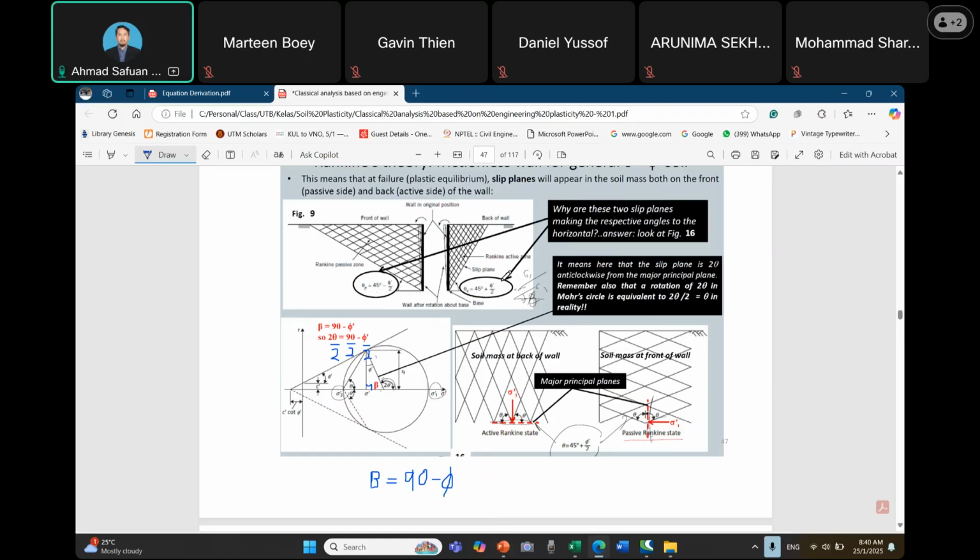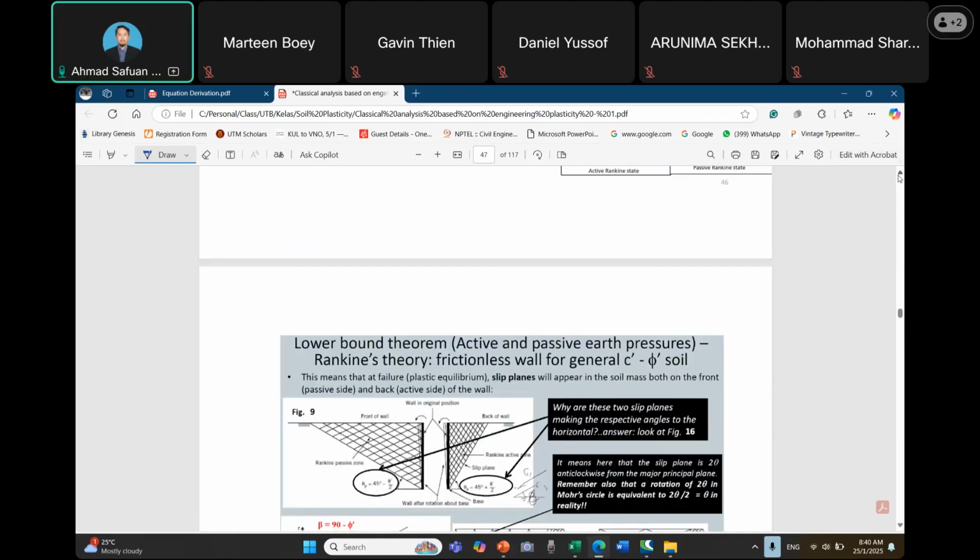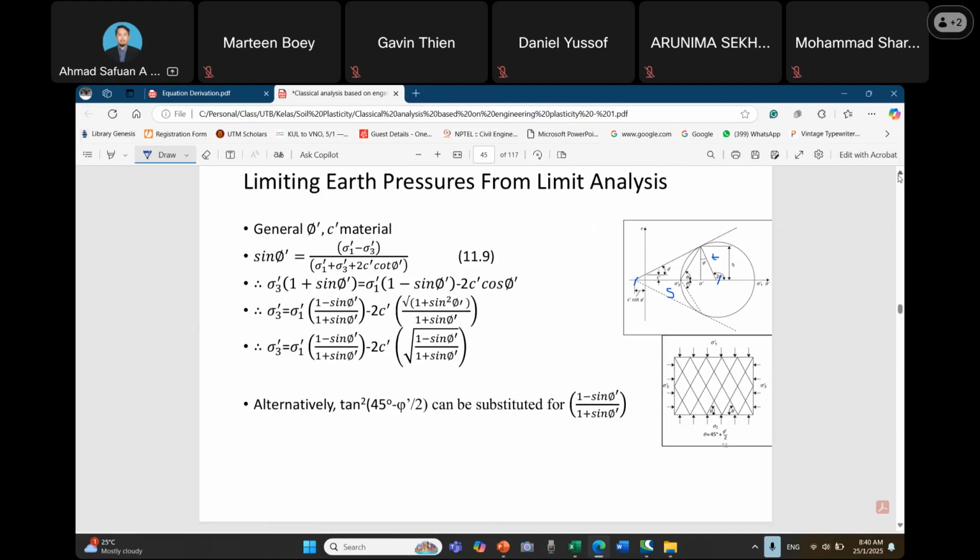That is how the 45 plus or minus phi over 2 is gained. So either we can determine the Ka based on these equations, or we can also use this equation as well.